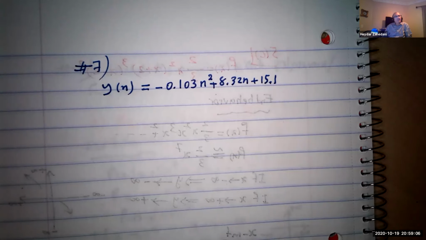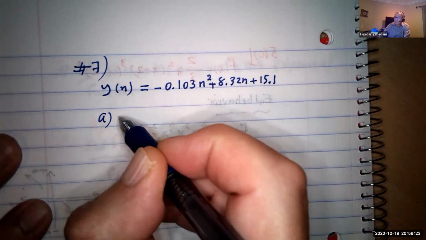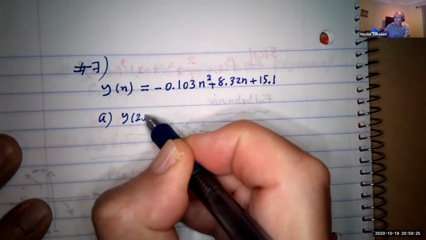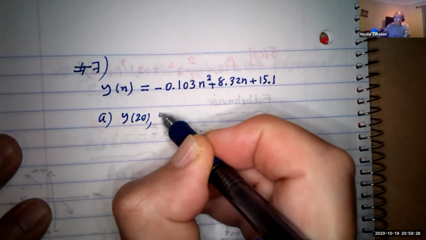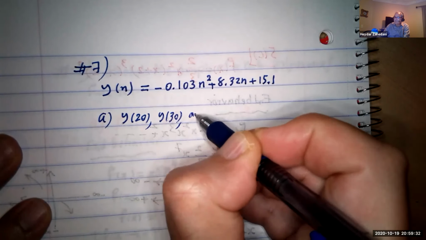So the question is, we are interested in the maximum value of this type of function. In this case, part one asks you to find y of 20, y of 30, and y of 60.